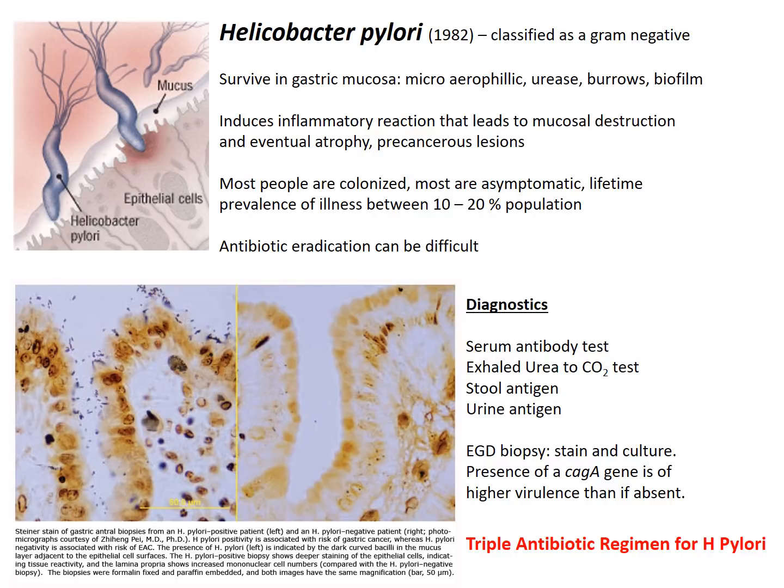The Centers for Disease Control says there's about a lifetime prevalence of 10 to 20% of the population developing H. pylori-induced illness. And because of the type of bug it is and where it is, getting rid of it with antibiotics can be difficult.